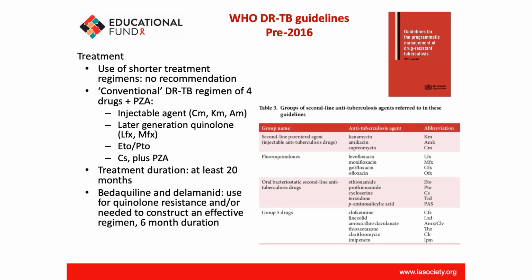So the groups of TB drugs are listed there on the right from the 2011 update, with injectables prioritized first and then fluoroquinolones second, and so on. And then lastly, you can see that was the composition, with a slight variety from country to country, of that so-called conventional regimen.